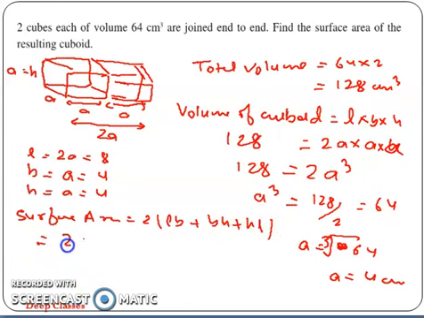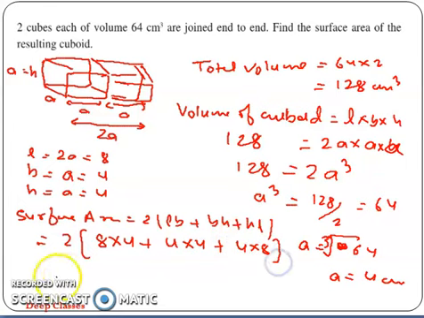Now L is 8, so 8 into 4, plus BH, so 4 into 4, plus HL, so 4 into 8. If we calculate this, it will be 2 into 80, and we can write 160 centimeters square. So the unit is also important.